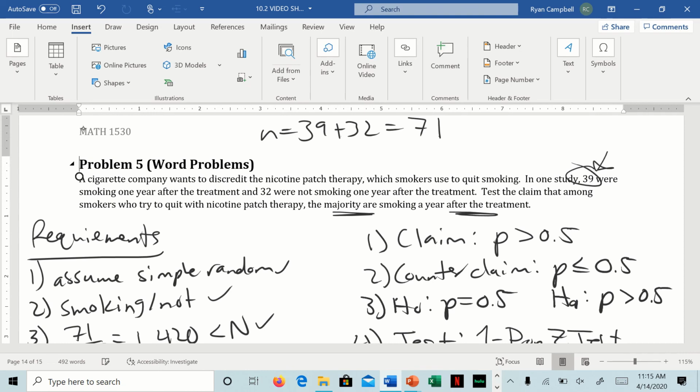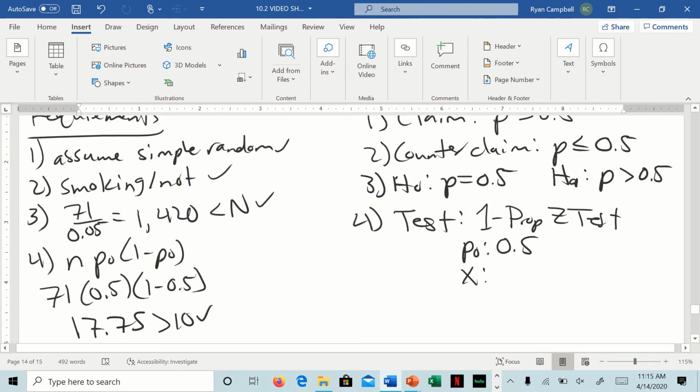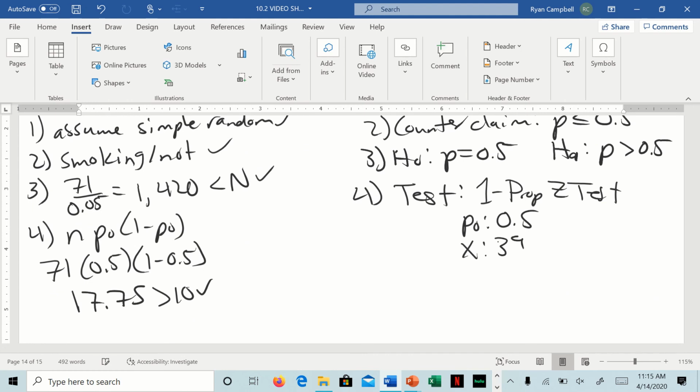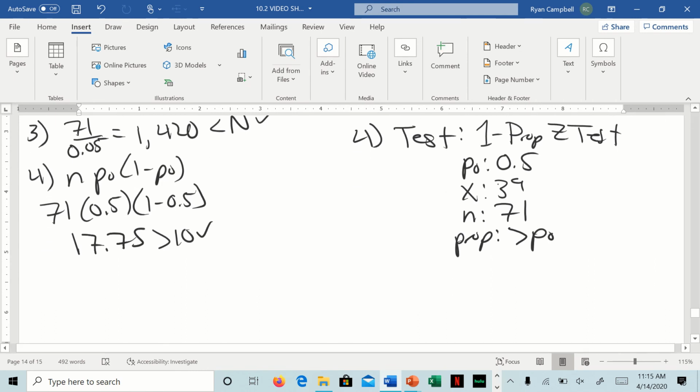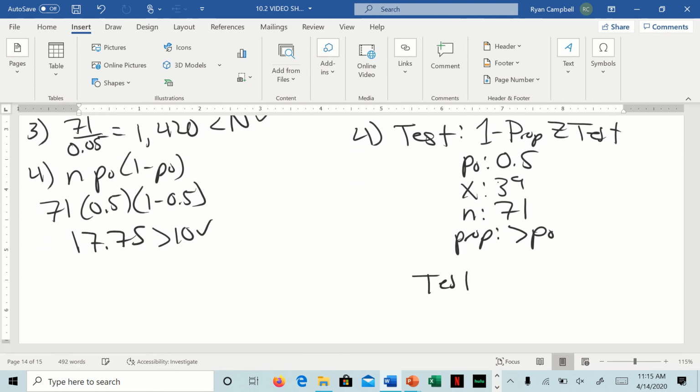We see in this case it's the 39. N, we already said, was 71. And then our statement comes from HA, the alternative hypothesis, so it's greater than P naught. When we type all that into our calculator, we should see that our test stat is 0.83.